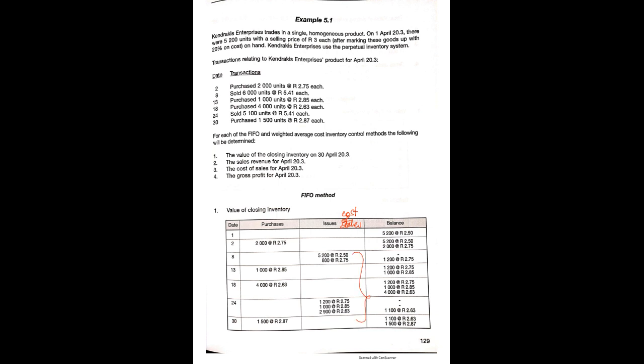So 5,200 times 2.5 plus 800 times 2.75 plus 1,200 at 2.75 rand. And the next one is 1,000 at 2.85 rand.